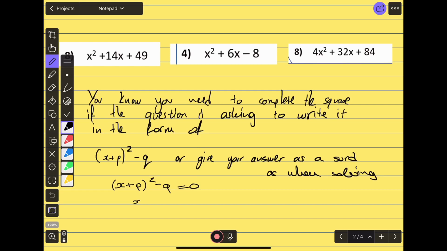So it's really important, when you're solving these questions, that you remember to put plus minus a square root, because we have a quadratic equation which will have two solutions.